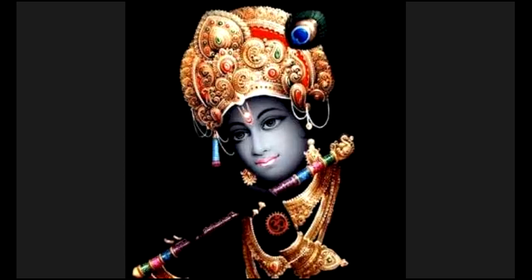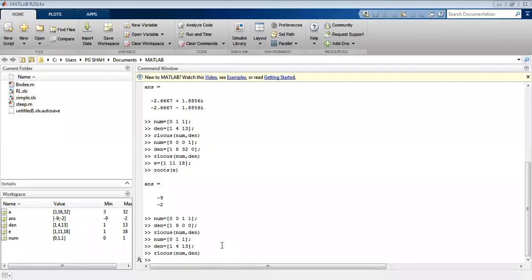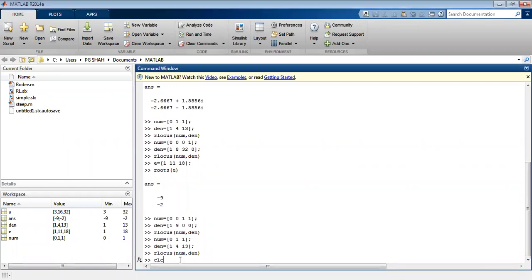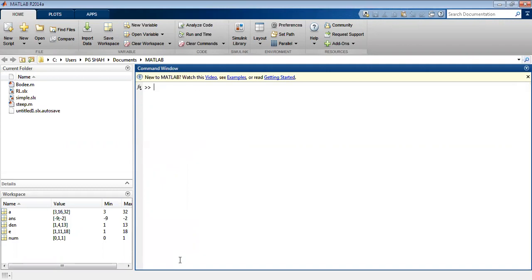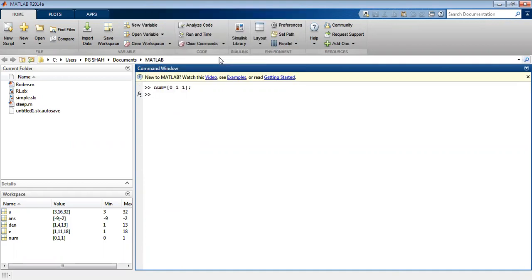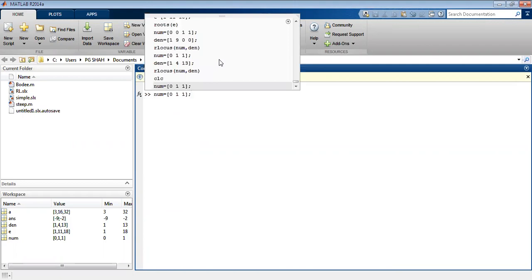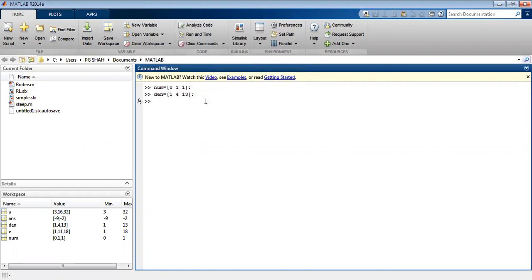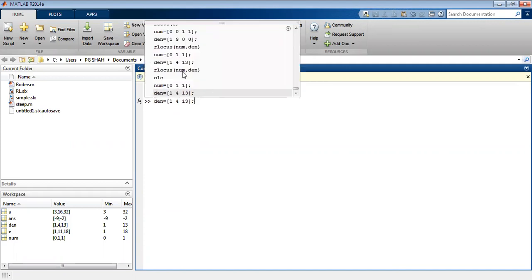So we have to check. Now we'll verify this by using this. Okay. So this is the numerator value. Denominator will be this value, and we'll do the command of the root locus.